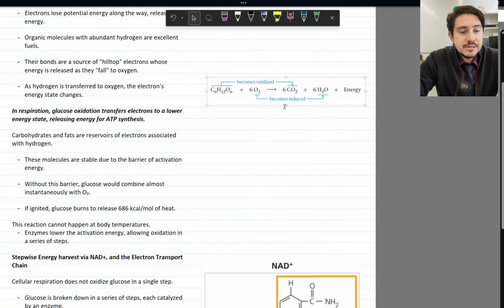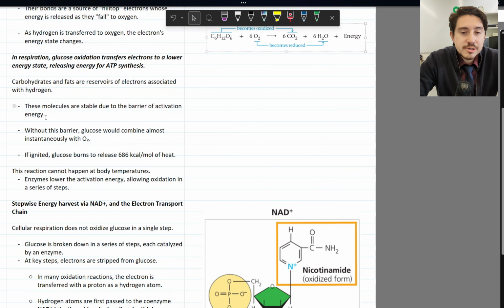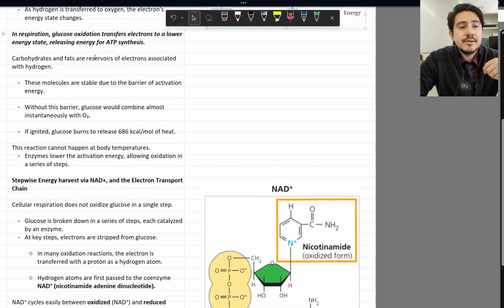And let me just move this a little bit down here as an example, of course, of cell respiration. Glucose gets oxidized into carbon dioxide. Oxygen gets reduced into water, and there's a tremendous amount of energy that is being released. Again, glucose oxidation transfers electrons to a lower energy state, ultimately to carbon dioxide. In each step of the way, as glucose is being broken down, it's releasing energy for ATP synthesis.